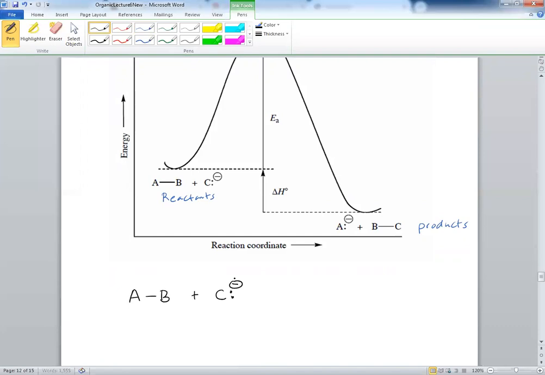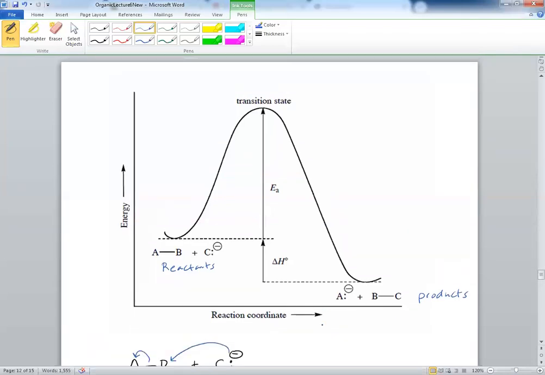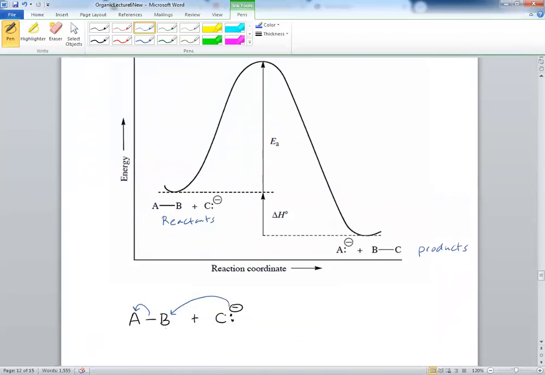So this is the reaction mechanism. C formed a bond with B via this lone pair, and then A is no longer bonded to B, took its electrons with it. Remember those curved arrows. So as the bond between C and B was forming, the bond between A and B was breaking.